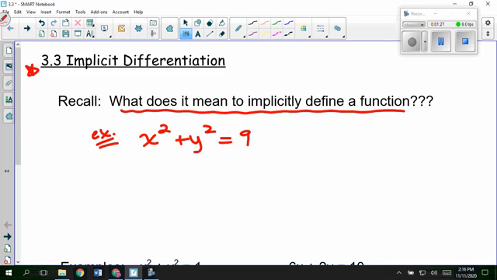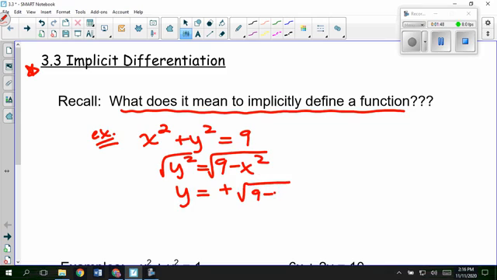And we asked you to implicitly define that function by taking a couple of moments to get y by itself and to get a y equals scenario. And when we do that, you understood things like subtracting that x squared on both sides, taking square roots. And we would talk a lot about the fact that there's this positive square root version that comes out, but then there's also a second version of that. So when we define the function itself, we had to do it in two separate parts.